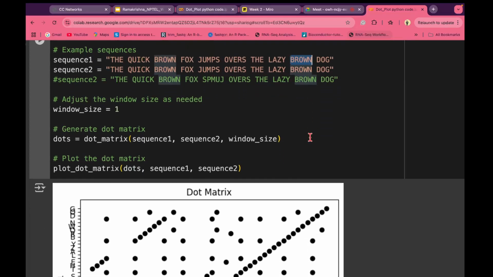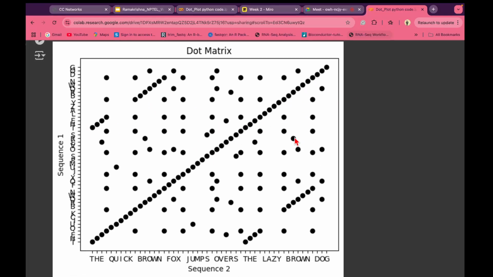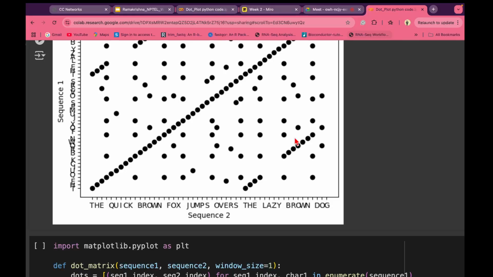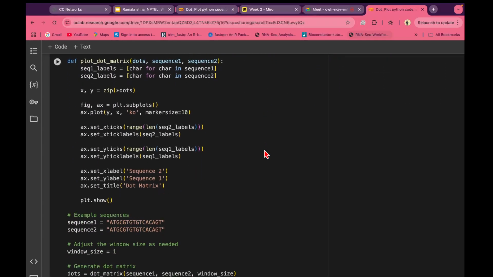Because of this, if there are any repeats, we see them as parallel lines to the main center diagonal. Yes, repeated sequences.